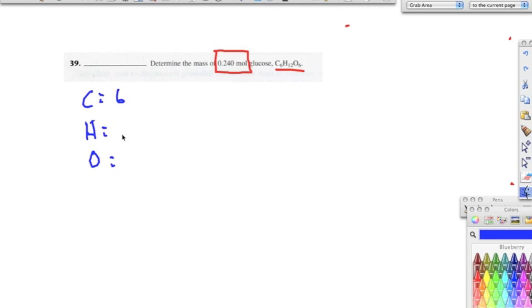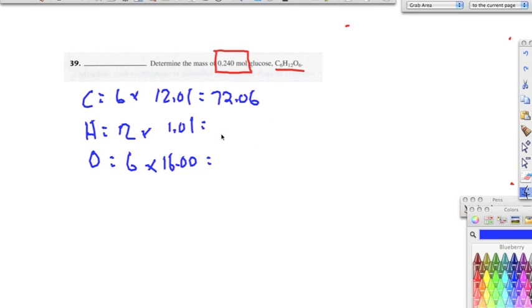We have 6 carbons, 12 hydrogens, and 6 oxygens, and we're multiplying those guys by their atomic masses. Carbon is 12.01, hydrogen is 1.01, and oxygen is 16.00. Multiply those guys out, and we see that we have 72.06, we have 12.12, and oxygen is going to be 96.00.